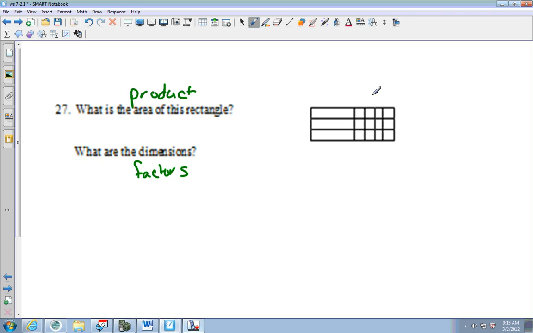Now, here is what I have. So I'm going to continue my factor frame. And I'm going to draw my factor frame out. The product is very easy to find because the area is what's on the inside. That's your product. The factors are what's on the outside.